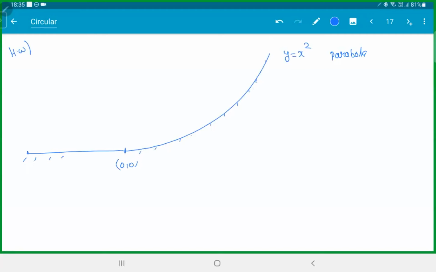Now, for people who want to do a little adventure, you can try this as a homework problem. What if you have a parabolic path? y is equal to x square. You have a parabola. This is your origin. This is minus 10, 0.